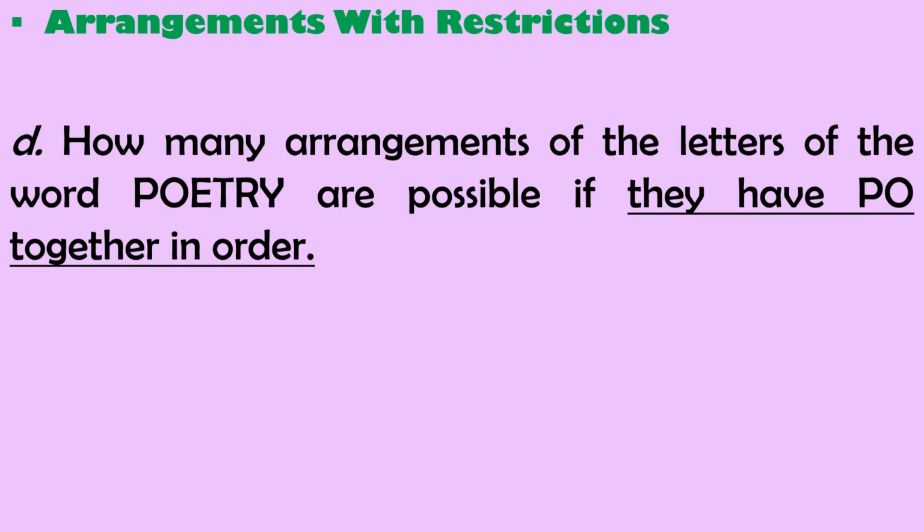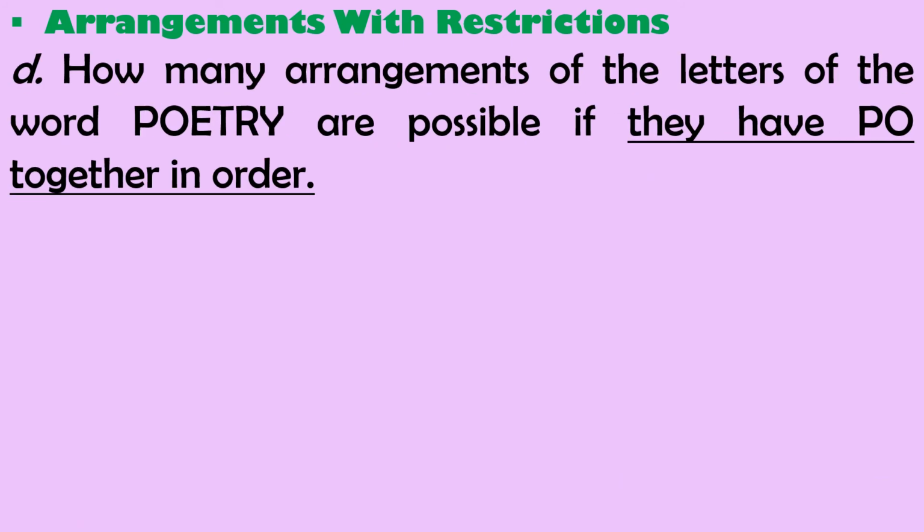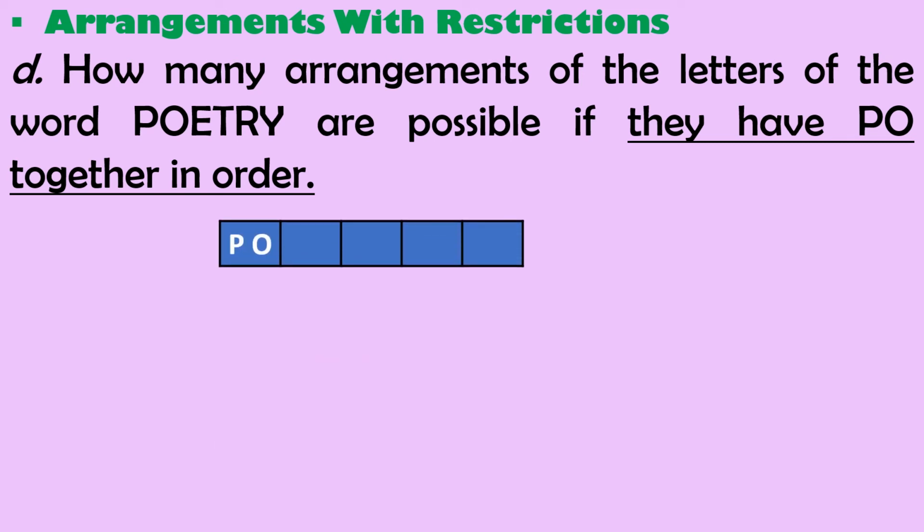Let us now move on to example letter D. How many arrangements of the letters of the word poetry are possible if they have PO together in order? So I have here an illustration wherein you can see that I have only 1, 2, 3, 4, 5 rows because I write the letters P and O together in one row.